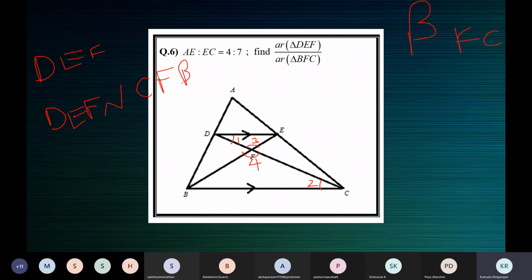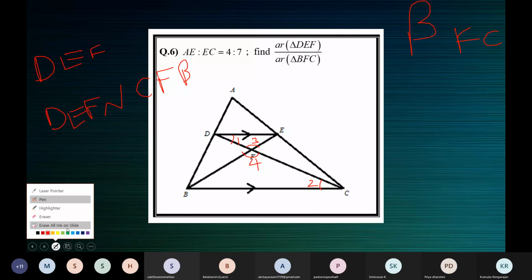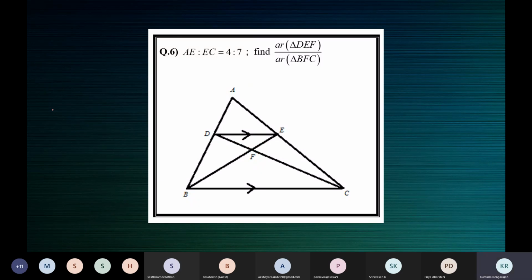DEF is similar to CBF. Sorry, excuse me.